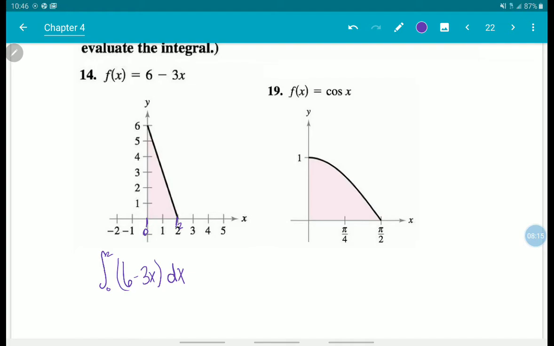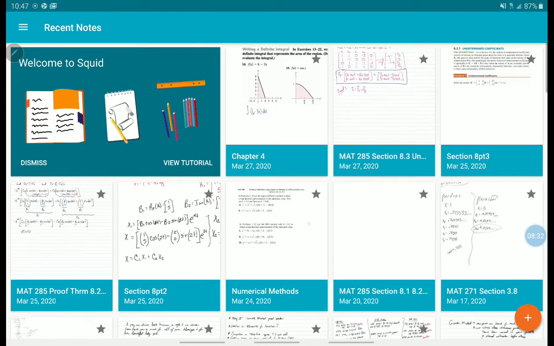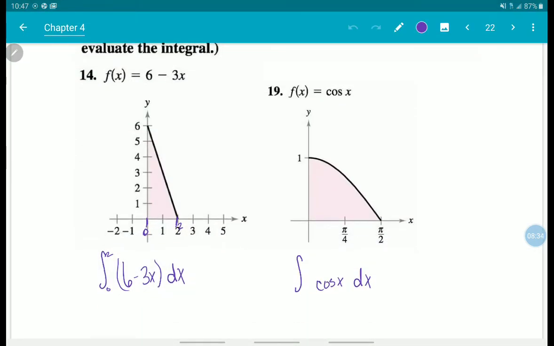Looking at 19, we are integrating the function cosine of x. We're integrating with respect to x. That dx is important. We can integrate with respect to x or with respect to y. If we're integrating with respect to x, then we need those limits of integration to be with respect to x also. So those x bounds are from 0 to pi over 2.